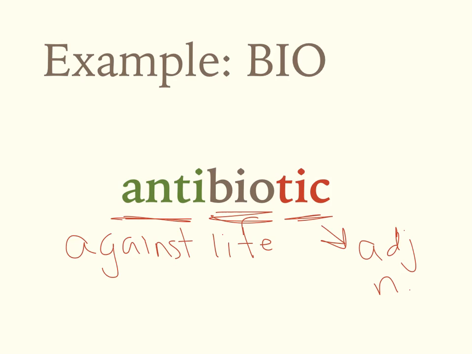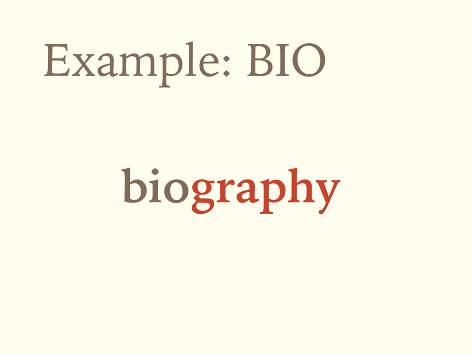So when you're taking an antibiotic medicine, you're taking a thing, a noun, an antibiotic, which means against life. It kills life, usually specifically bacteria. So we can put these little things together, and they actually do make sense.